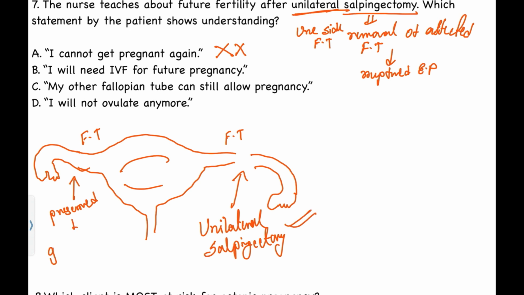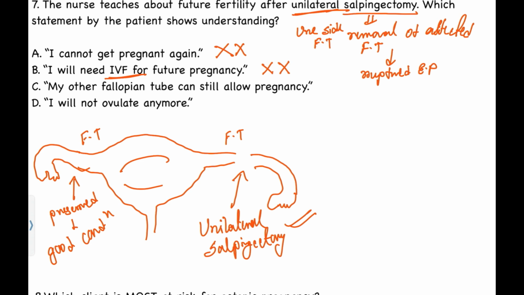The other fallopian tube is still in good condition, so the mother can still get pregnant, and a normal pregnancy too. She doesn't need IVF for that. That's why option B also won't be the answer.